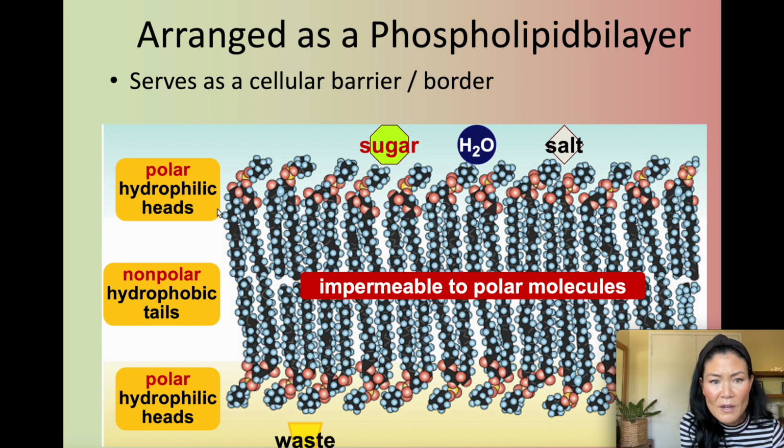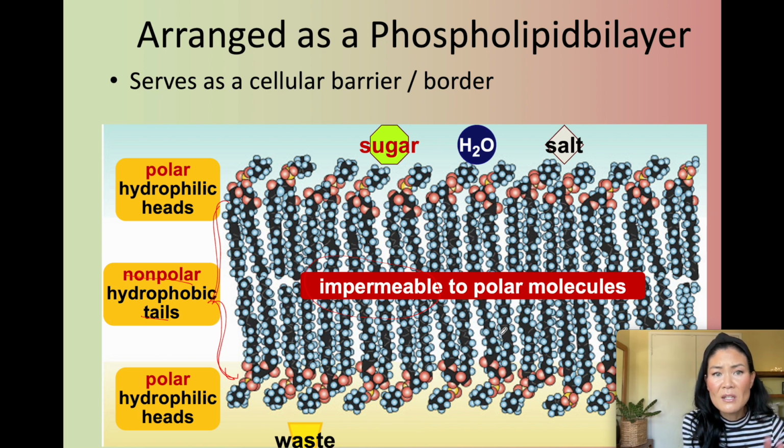When we look at it, the biggest thickness, the biggest chunk of the cell membrane, is nonpolar, because of those hydrophobic tails. So you have this big, thick chunk of the cell membrane that is nonpolar. It's impermeable, meaning it will not let polar molecules in. It's a barrier, okay?